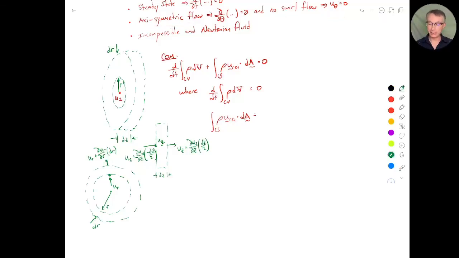All right, so now I'm ready to actually write out what my conservation of mass expression looks like, or specifically the mass flow rate term. So let me write the mass flow rate term in the z direction first, and then I'll worry about the radial direction. On the left-hand side, in the z direction, let me just write it out and then I'll explain it. Like I said, I'm going to write the whole thing out and then I'll explain what each term is afterwards.